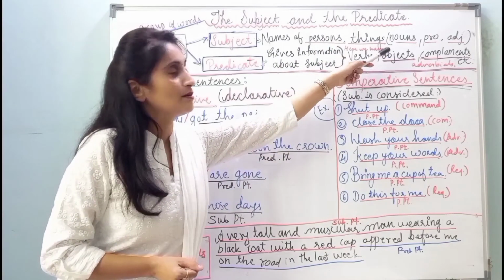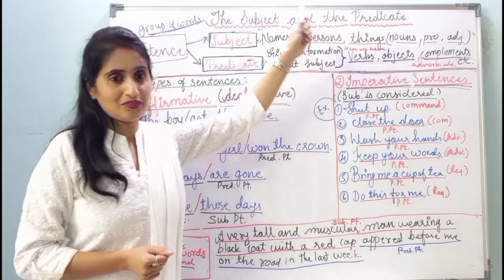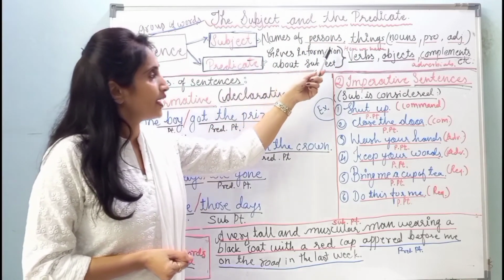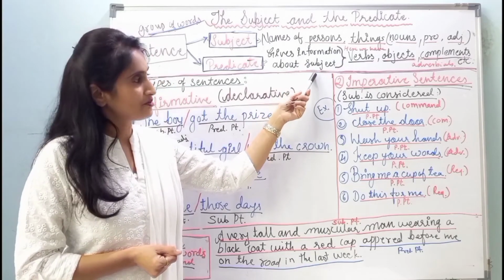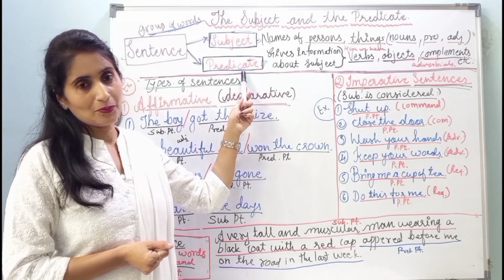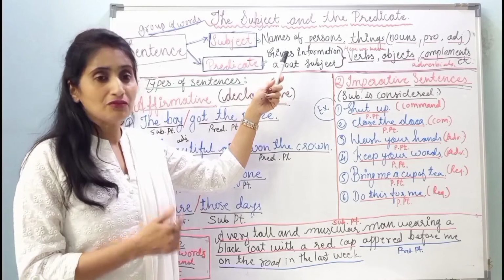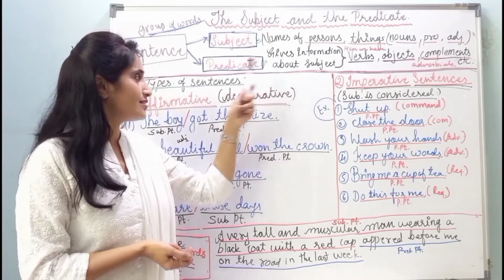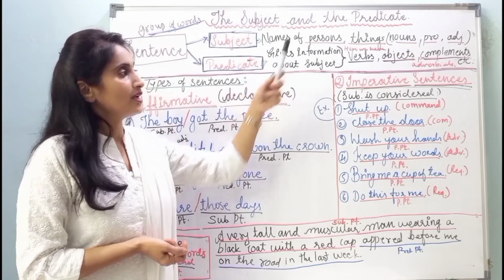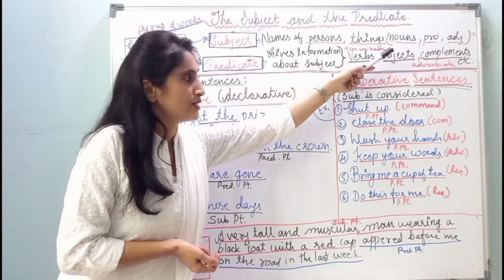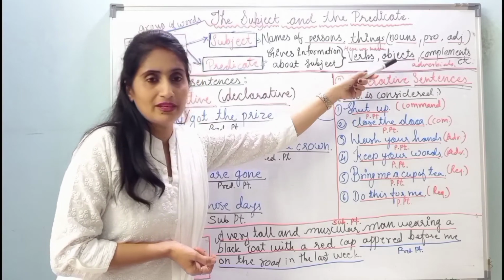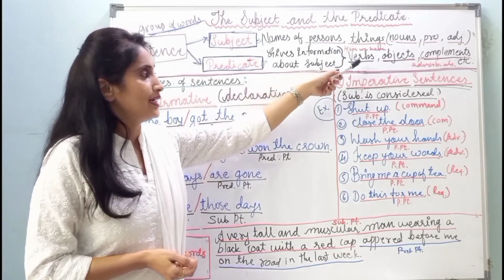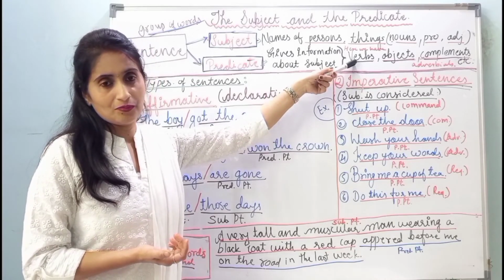Here we have nouns, pronouns and adjectives. The part of the sentence that gives information about the subject is called the predicate part. It tells us something about the subject. Here we have verbs, objects, complements, adverbials, etc. This part is also called the verb part.